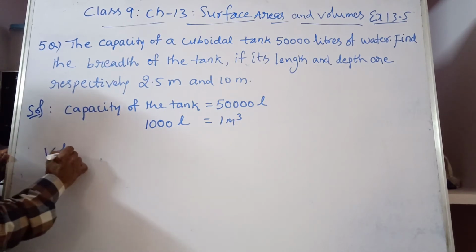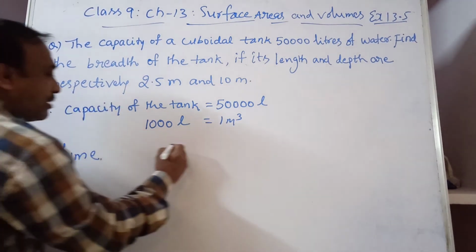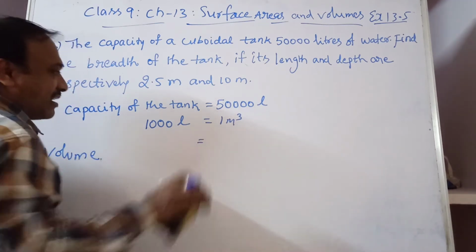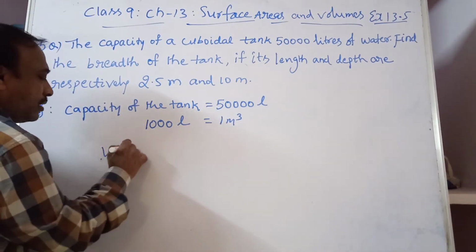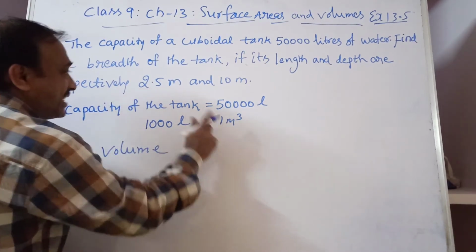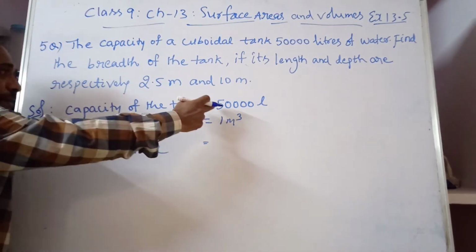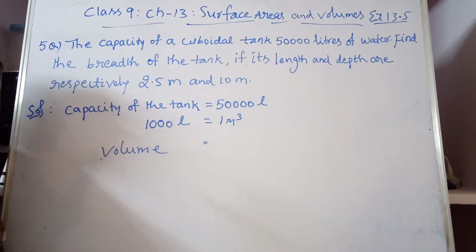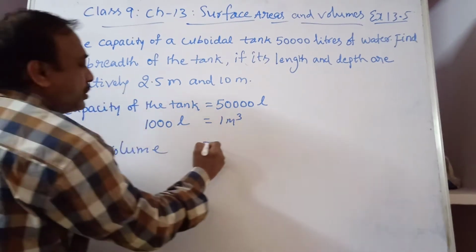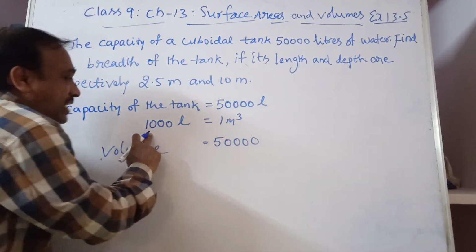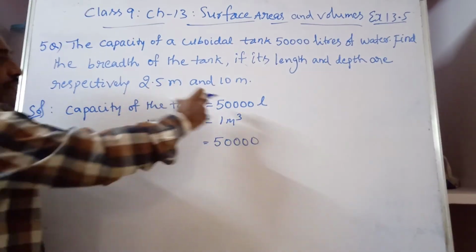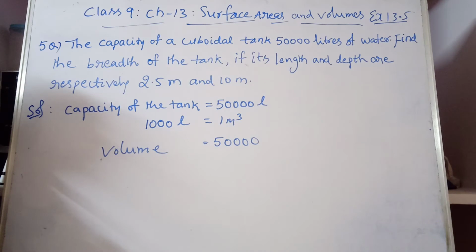Therefore, first we will find the volume. How to calculate its volume? The capacity is given in liters. 1000 liters is 1 meter cube, so 50,000 liters will be how many meter cube?